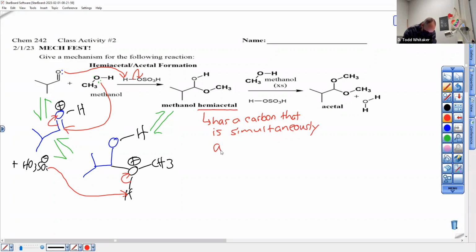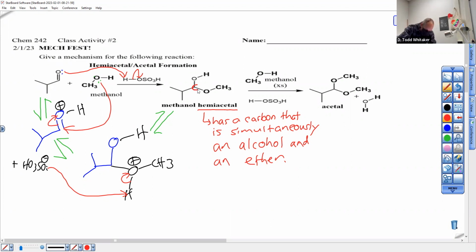And oh, you both nailed it. One person said alcohol, and simultaneously another person said ether. Very happy teacher here. If you have that situation, you have a hemiacetal, and this is the carbon we're talking about right there. It's got an alcohol above it and an ether to the right.